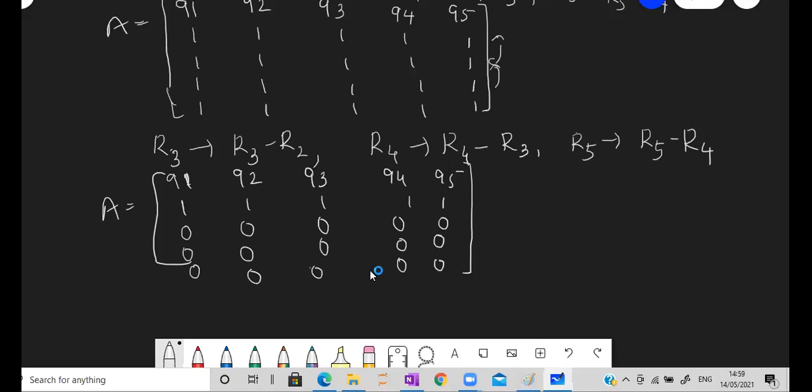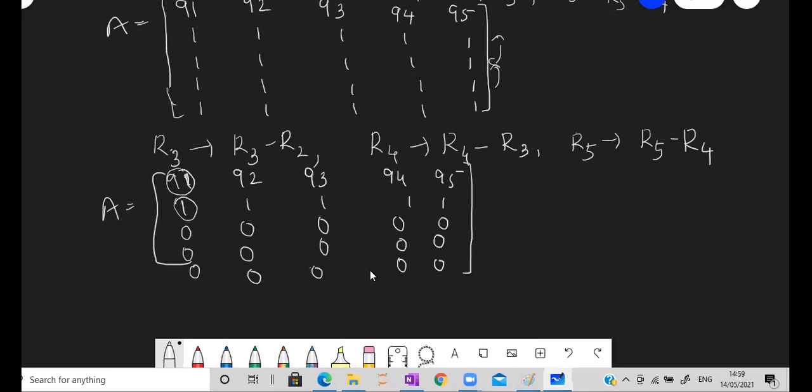Now, can I reduce this 1 to 0 entirely? No, it is sure. And one more thing, you may ask me, this is 91, below that all should be 0, but this is not 0, so how can you call it echelon?